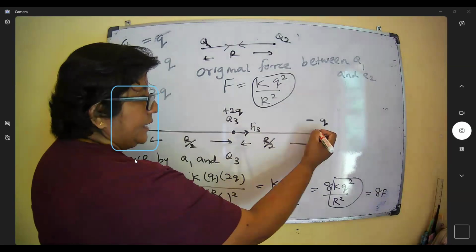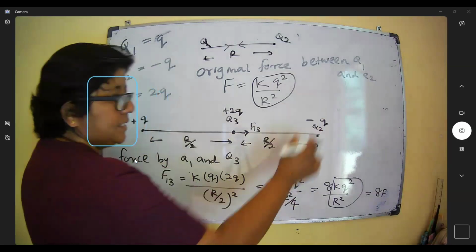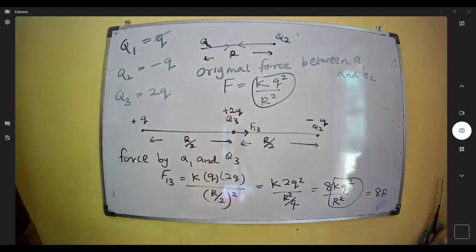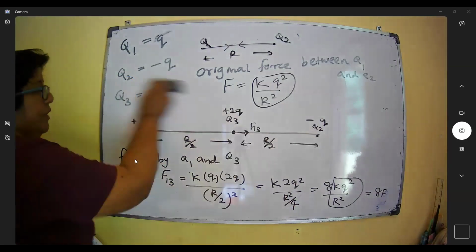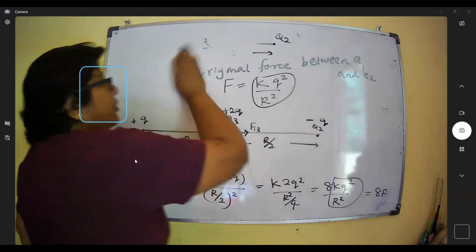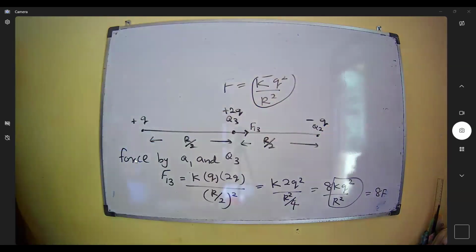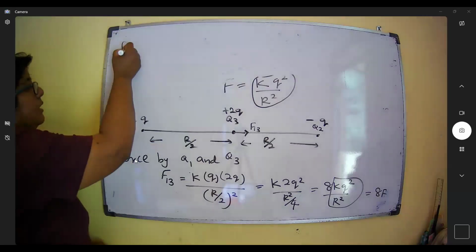Q3 and Q2. There is the minus Q charge. The force acting on Q3 and Q2 also. So we can find the force due to Q3 and Q2.